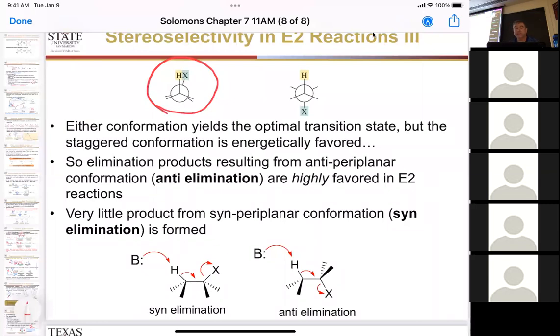It's not as favored because in the transition state your electrons are coming in and going out at the same time, and you're in that eclipsed condition during the transition state. So while it technically can happen, you might get a little bit of product from that. You're most likely going to get your anti-elimination product as your major product, where the hydrogen and the leaving group are anti to each other. All right, questions on that?